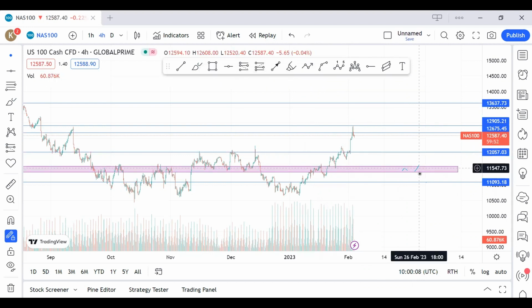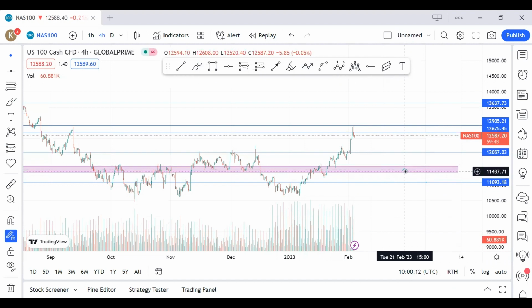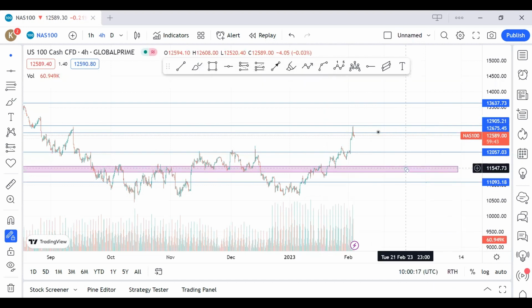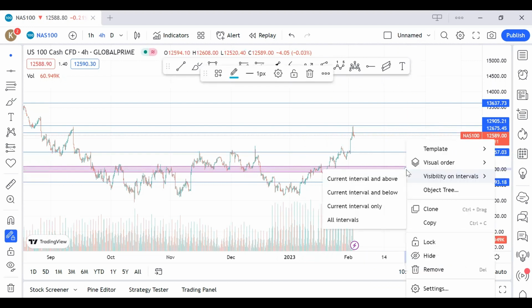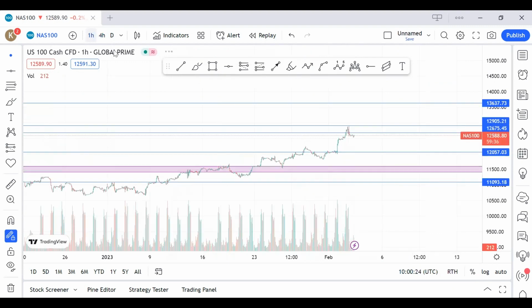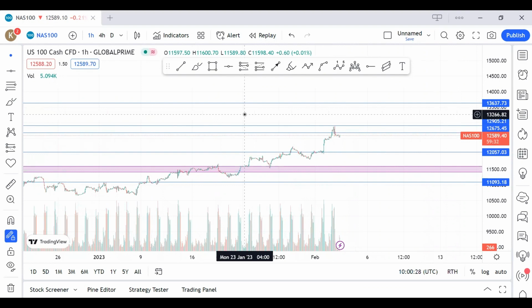Okay, so let me move to 1 hour and try to see properly if I'll have a proper entry point for NAS 100. Okay, so as I said, guys, it's a proper entry point, as you can see here.